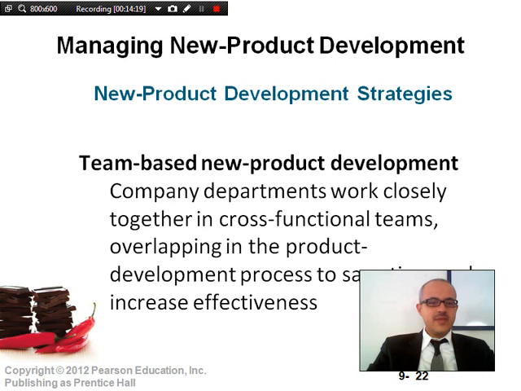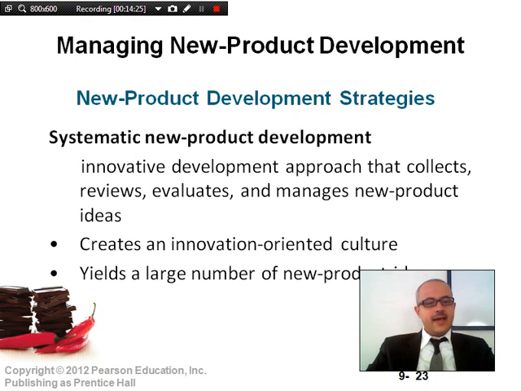Team-based new product development. The more people in the team, the more ideas you can get. Systematic new product development: you want to create an innovation-oriented culture. So you need to have all of the people in your company willing to come up with new ideas. You can yield a large number of new product ideas.